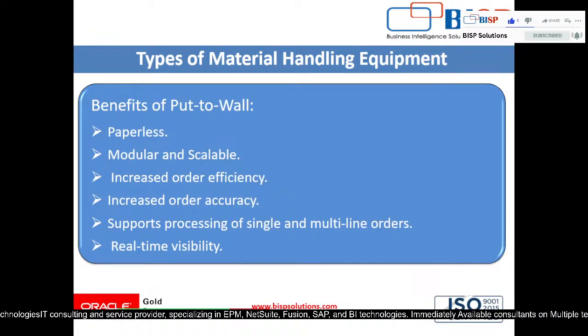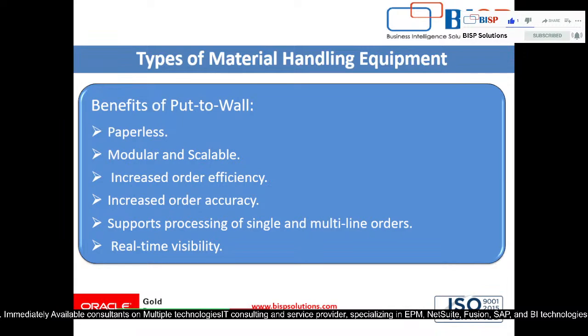This system also has benefits. It is 100% paperless, and the put to wall system is modular and scalable, increases order efficiency and order accuracy, and supports the processing of single and multiple line orders. It has real time visibility, right? So this is all about the put to wall, right?